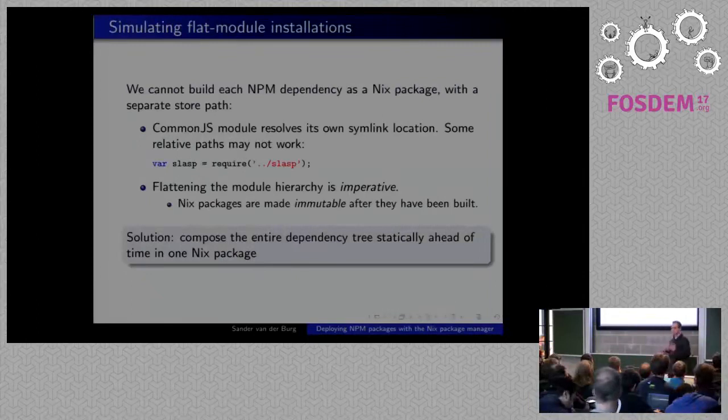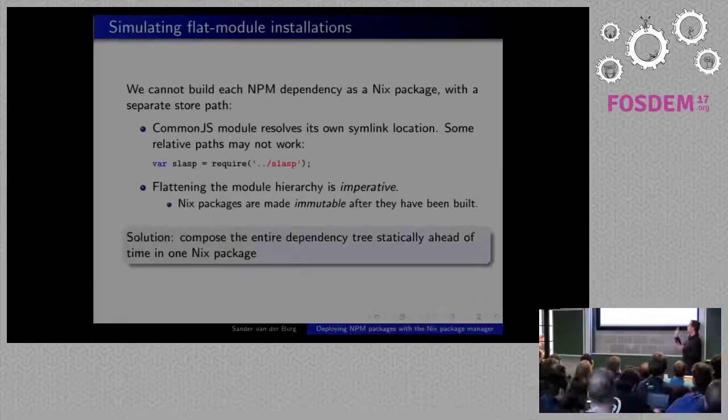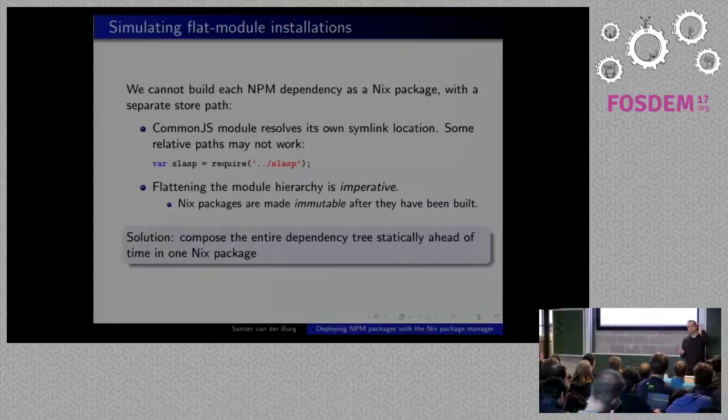So in my generator, because of all these properties, for example, flattening the node module's dependency tree is an imperative operation. That means after I've built packages, I need to modify the dependency tree in such a way that it becomes flat again. But Nix packages can never be changed after they have been built.